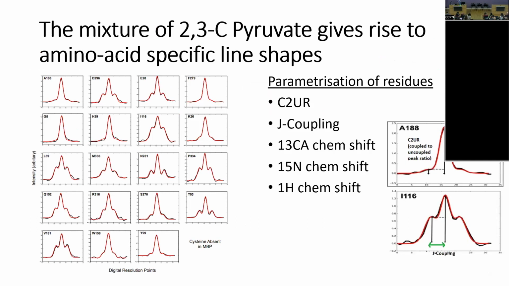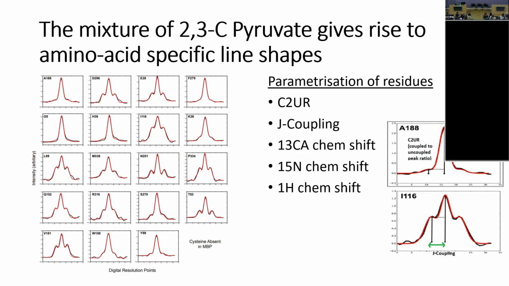So they conducted these experiments with MBP and GB1. MBP is maltose binding protein. And on the left here, you can see an example of the HNCA spectra for different amino acids. You can clearly see that for alanine 188 at the top left corner, you have quite a strong central peak.